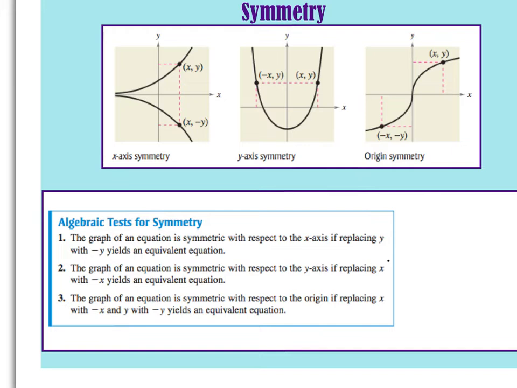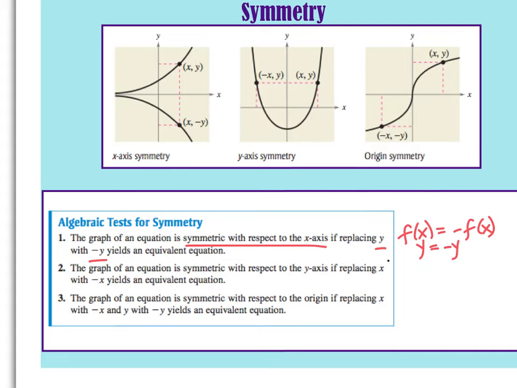So this is how we do algebraic tests for symmetry. If we graph an equation that's symmetric to the x-axis, we replace y with negative y. Another way to think of it is f of x, your original, is equal to negative f of x, or y is equal to negative y.